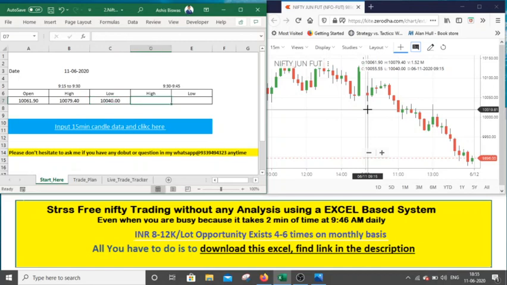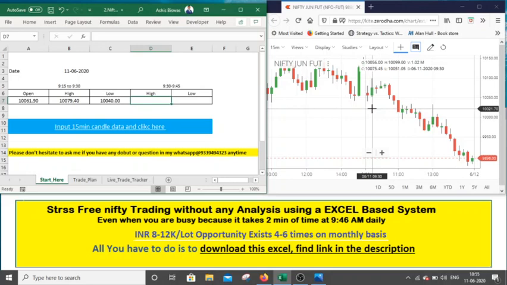So this was the open, high, low of the first candle. Open is 10061.90, low is 10040, and the high is 10079.40.